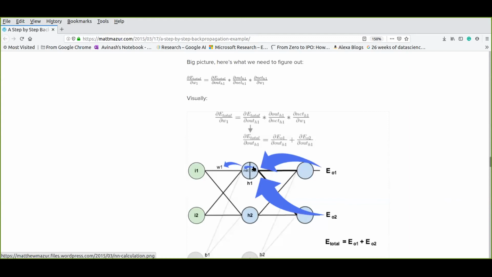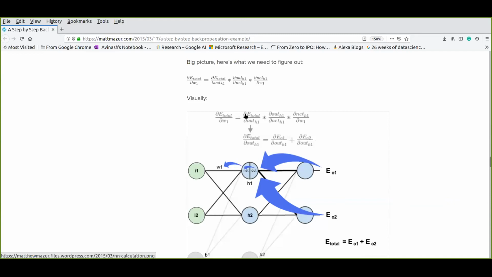We have output H1 here, and we have net H1 here. So to calculate how W1 is going to impact EO1, we know that the net input to the hidden neuron and the output of the hidden neuron are also going to impact that. So that's again the same thing which we did earlier.